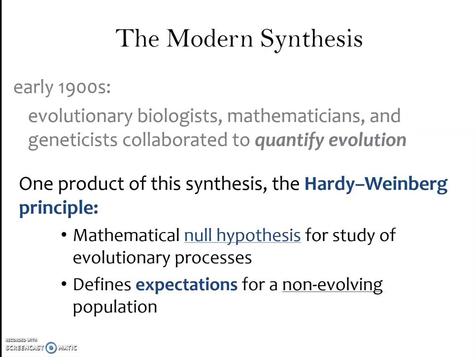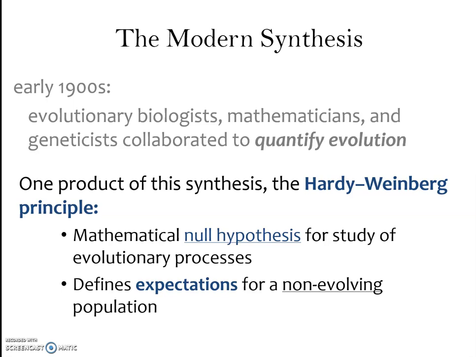Okay. So one product of that modern synthesis I was talking about is the principle that underlies this area of population genetics. And that principle is the Hardy-Weinberg principle, named after Hardy and Weinberg. They were both mathematicians, scientists, and they independently came up with this idea. So this is a null hypothesis.